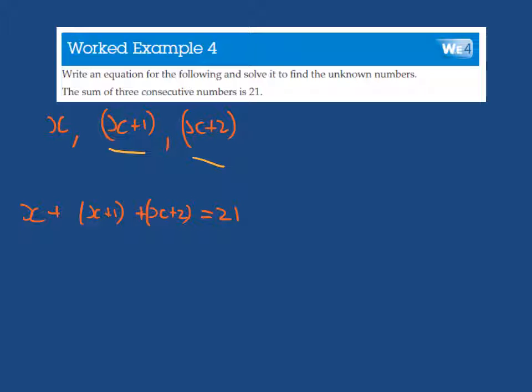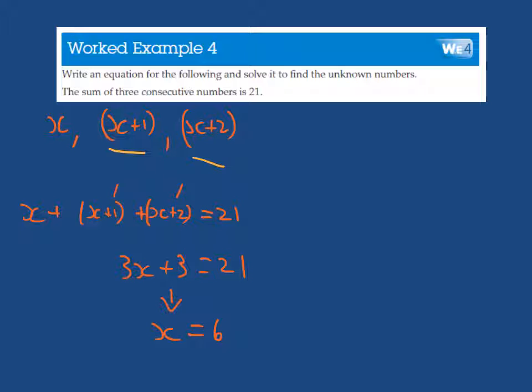We can then simplify that. How many x's have I got? I've got 3 of them, so it's 3x. And the numbers, there's a 2 and there's a 1, so 2 plus 1 is 3. And that's the same as all the rest of them now. You can work that out and work out that x equals 6.